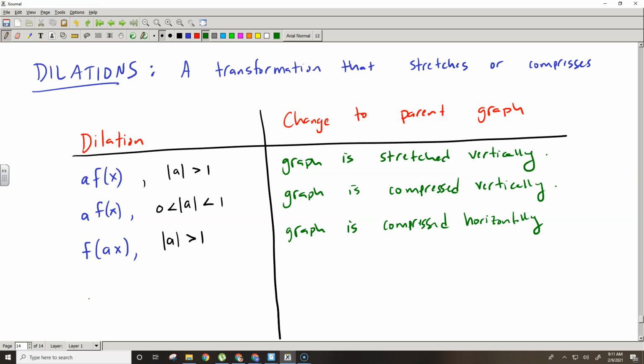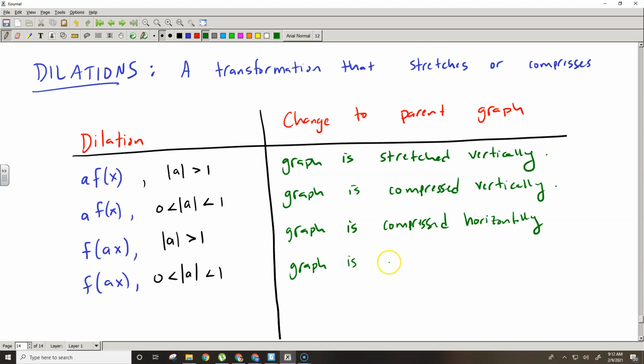Keep that in mind. All right, and then the last one we want to put is f of ax, but if the absolute value of a is in between 0 and 1, we can think of this as a graph that is being stretched horizontally.